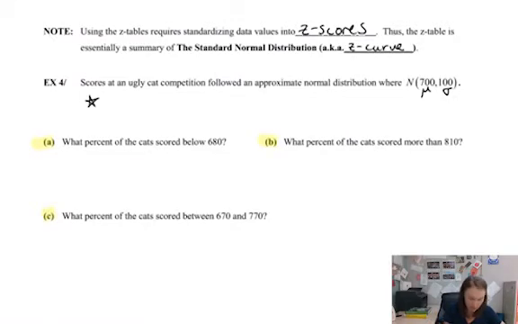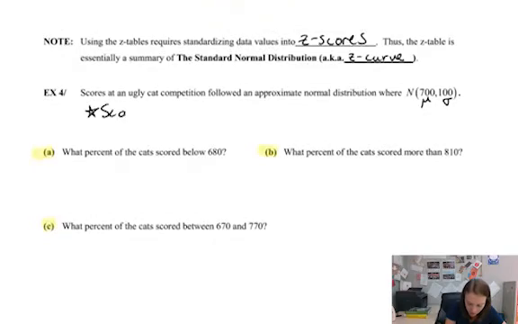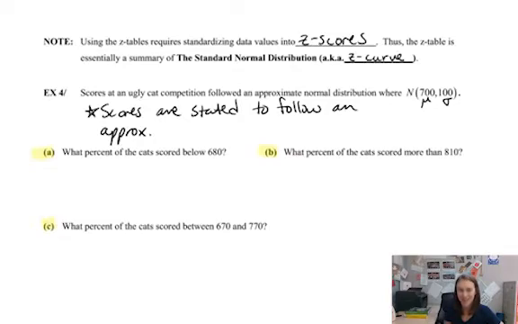So we can say something like scores are stated to follow an approximately normal distribution. We are all about abbreviating or shortening our words, as long as it's still pretty obvious what that word was. So again, I'm shortening things.